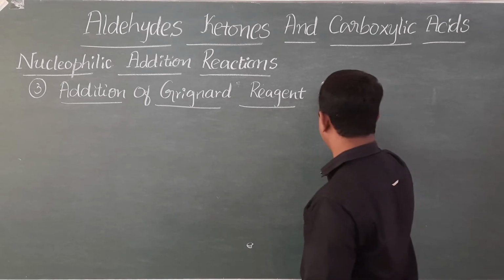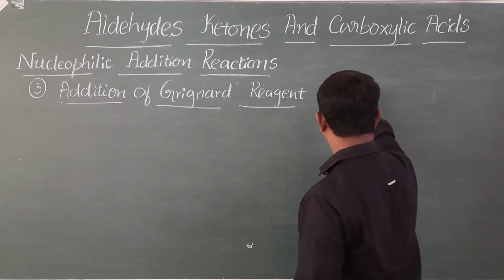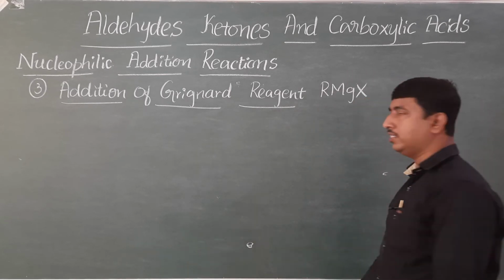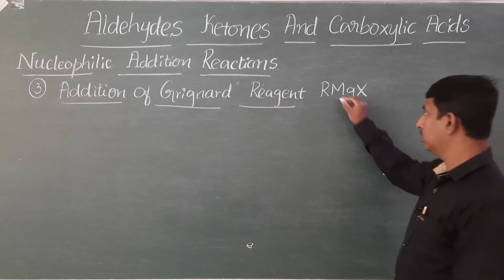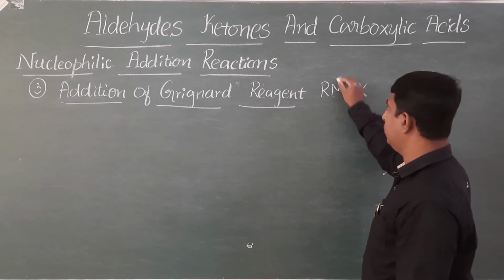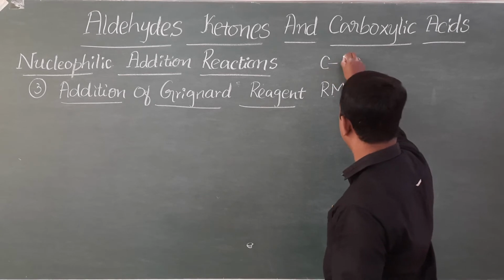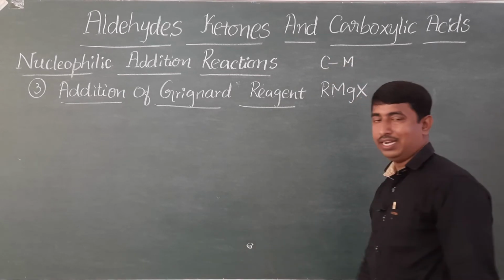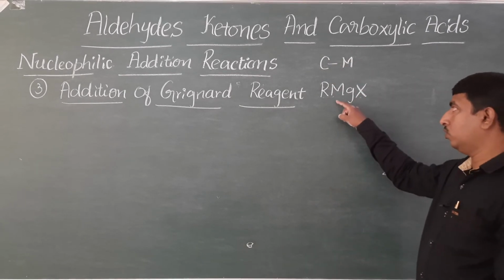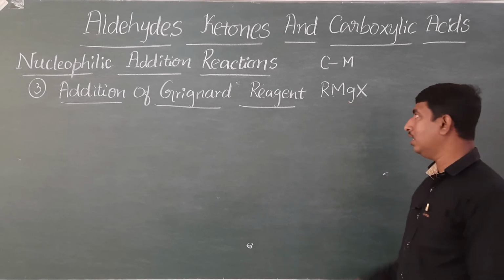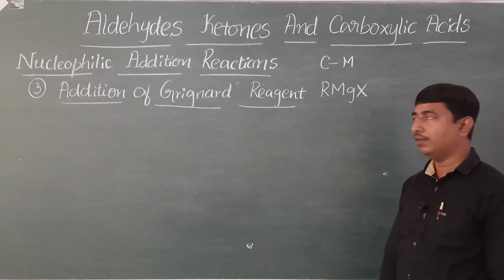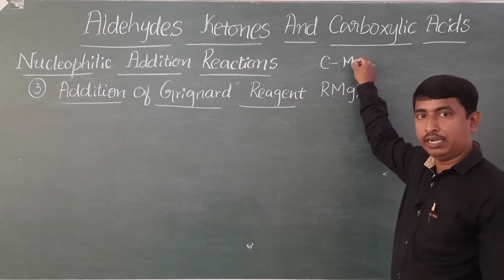The formula of Grignard reagent is RMgX. In the case of Grignard reagent, R means a carbon-metal bond. Magnesium is a metal. So Grignard reagents, or alkyl magnesium halides, are made up of a carbon-metal bond.